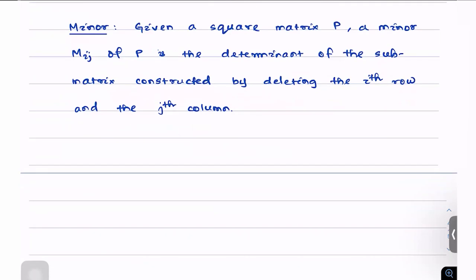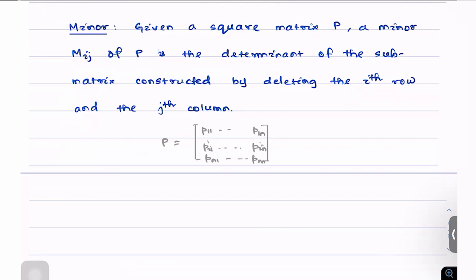Meaning, let's just write matrix P with entries: P11 to P1n, and Pn1 to Pnn. We can write some intermediate row like this, Pi1 to Pin.